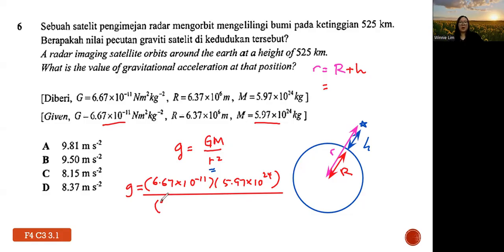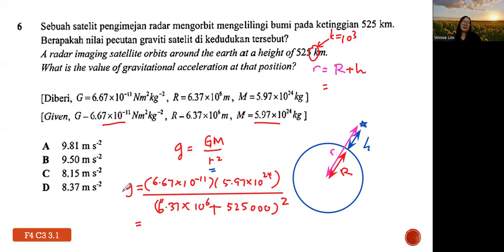So the radius here is 6.37 times 10 to the power of 6. And also be careful, the height given here is in kilometers. What does kilo stand for? Kilo is 10 to the power of 3. So I will write 525, then add three more zeros. Then the whole thing in brackets and squared, must remember to square.